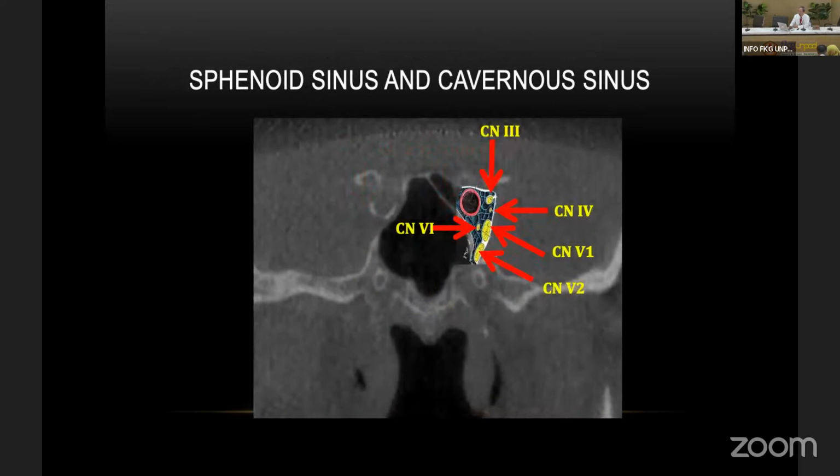Also the cavernous sinus, which is next to the sphenoid sinus. We can see the cranial nerves 3 to 6 here.